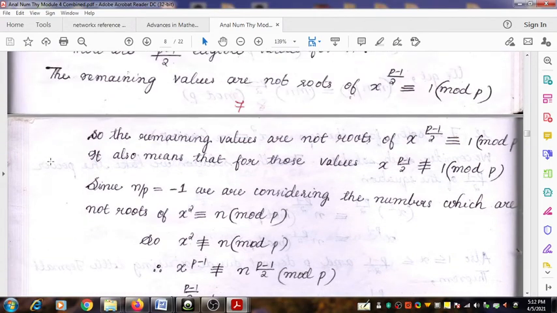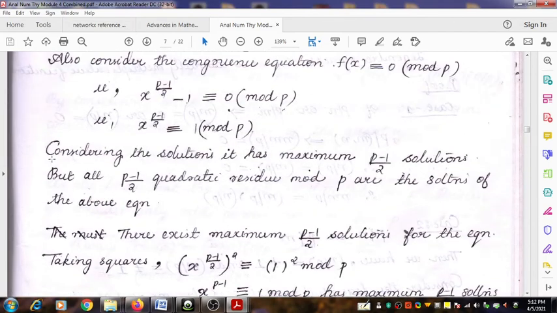Thus, for those numbers, we can take a number n which is not a solution of this equation. Suppose n is a quadratic non-residue mod p, and if we substitute n in this equation, we get that n^((p-1)/2) is not congruent to 1 mod p.